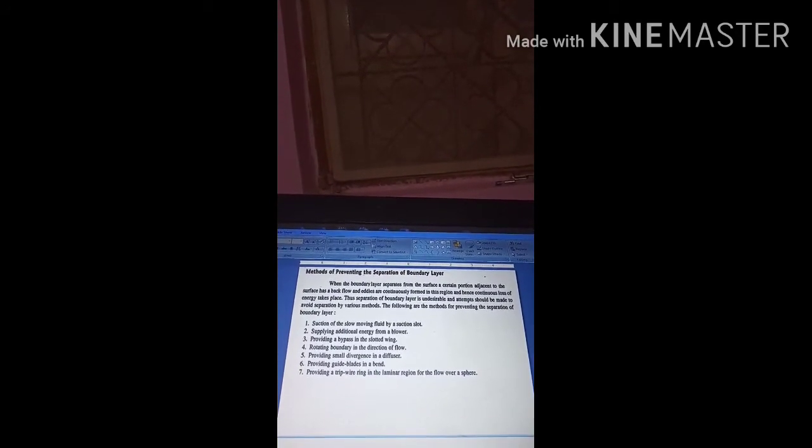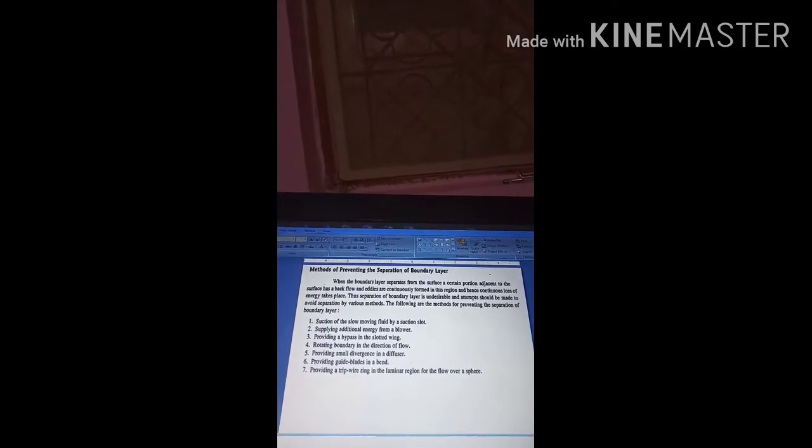So friends, this is about unit number 6. I hope you have understood the main points about this unit, and I suggest that you go through the numericals based on the boundary layer thickness, displacement thickness, momentum thickness, energy thickness, as well as lift and drag, and the boundary layer separation.